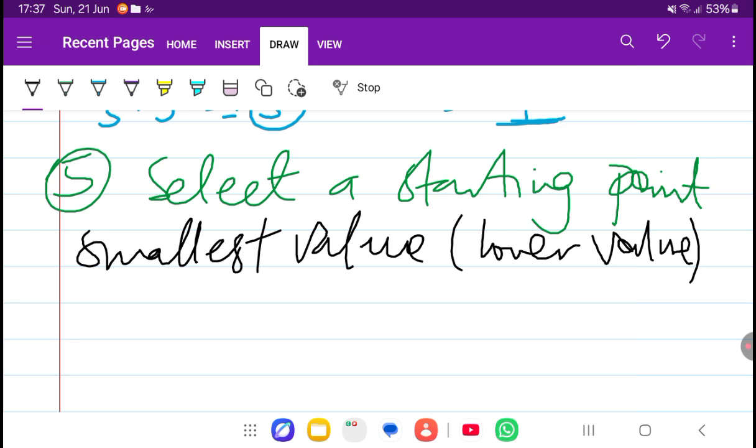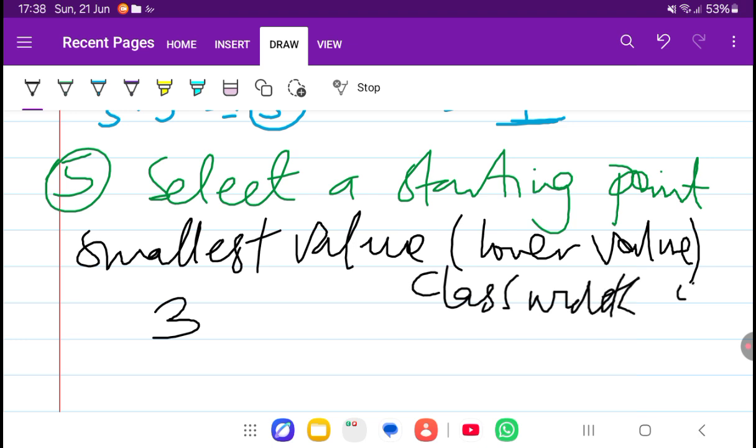Then maybe you can pick any convenient number that is below, not above. You pick any convenient number that is less than the smallest value. If the smallest value is, let's say, 3, and maybe my class width is 4, I can say my convenient value, because the smallest value is 3, is a 2.